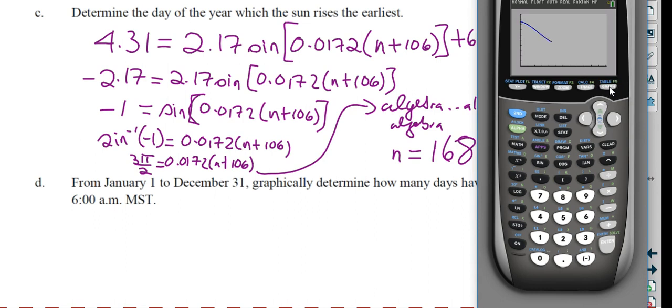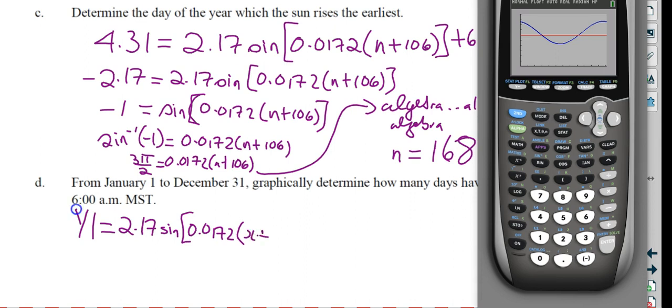All right, so here's sunrise. There's our 6 a.m. Determine how many days. Okay, so what have we done here? y1 is equal to 2.17 sine of 0.0172 x plus 106, plus 6.48. y2 is equal to 6.